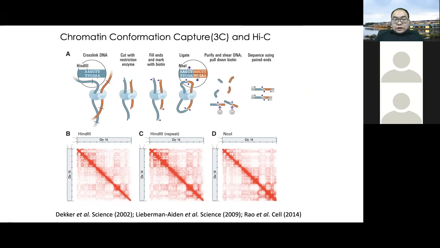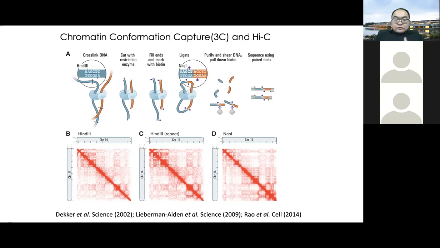For those who are not familiar with this technique, I will briefly introduce it here. To study gene organization, they first cross-link millions of cells and then fragment the chromatin into small pieces using a restriction enzyme. They then use proximity-based ligation to ligate these cross-linked fragments, coupled with high throughput sequencing. Based on this high throughput sequencing data, they can reconstruct large scale interaction maps across the genome.